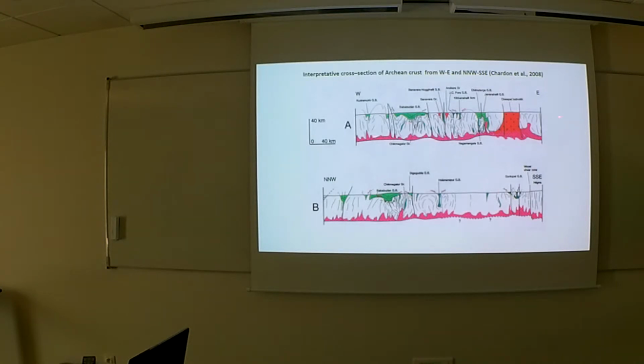And this is east-west, and from north-northwest to south-southeast we have also drawn a cross-section. Baba Budan, this is the south in Haranahalli. This is where we are currently working. Very classical dome and basin patterns here.